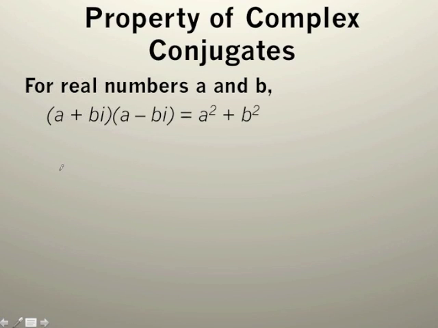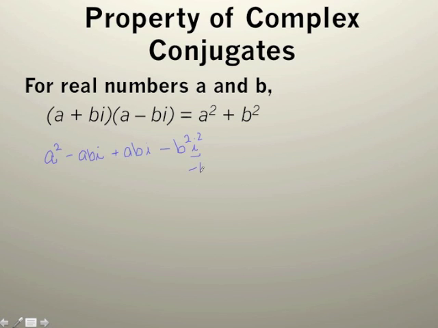This looks very similar to that 3 plus 5i and 3 minus 5i we did, and they say that it equals a squared plus b squared. Let's see if that really works. First terms will give me a squared. Outside terms, negative abi. Inside terms will give me positive abi. And the last terms will give me negative b squared times i squared.